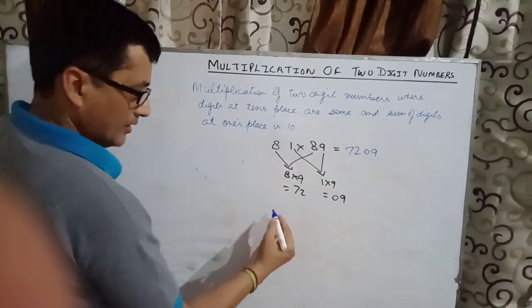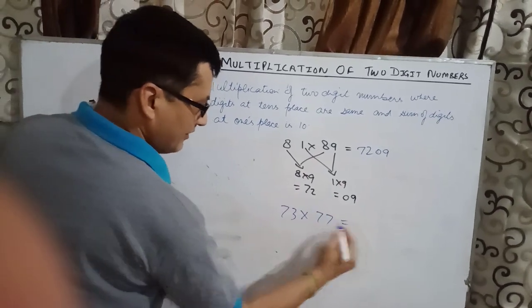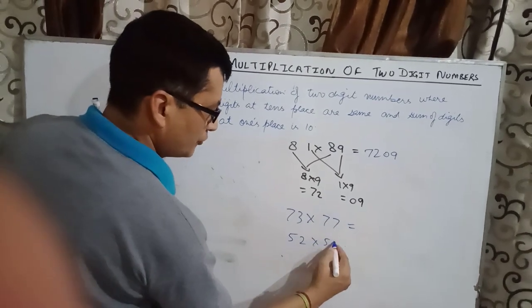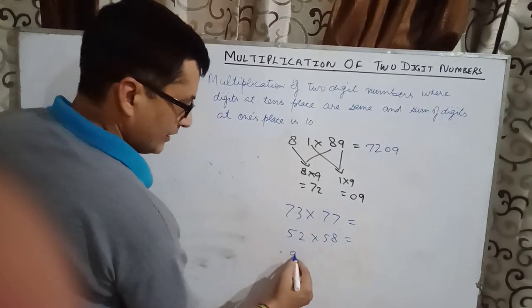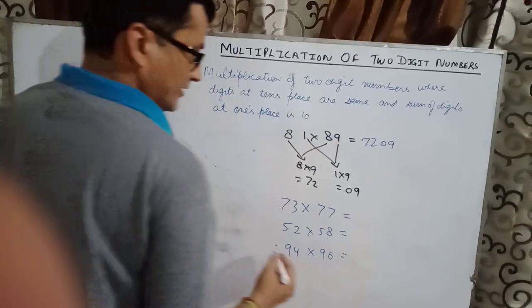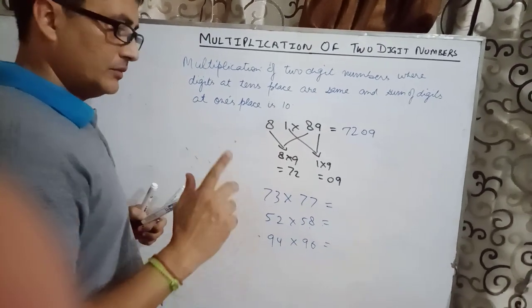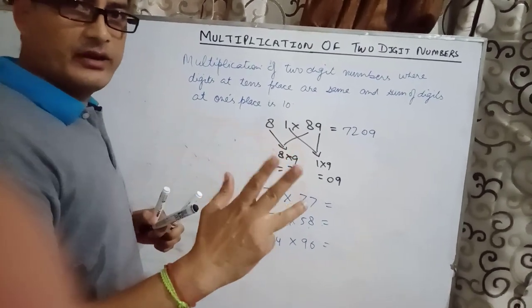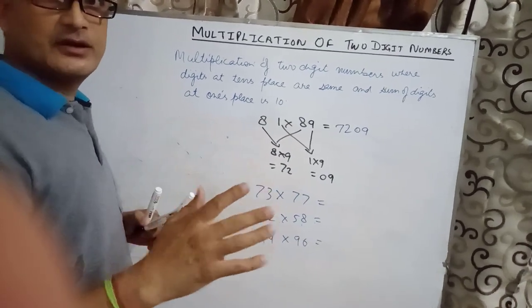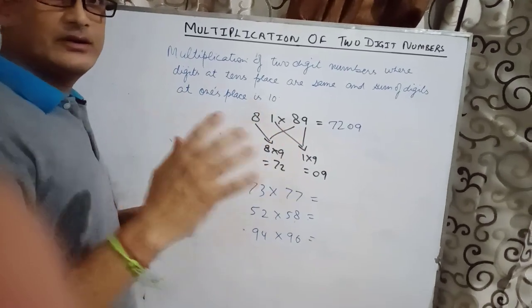Your time starts now. 73 into 77, 52 into 58, 94 into 96. The time starts now. Hurry up. 1, 2, 3, 4, 5, 6, 7, 8, 9, 10.